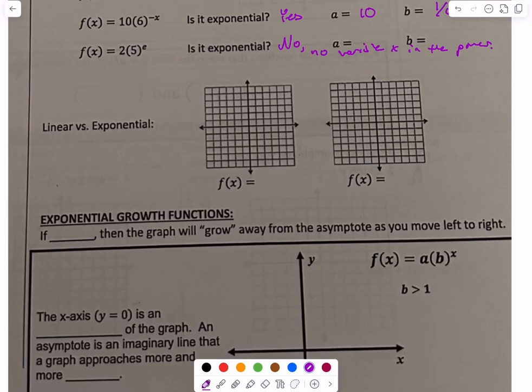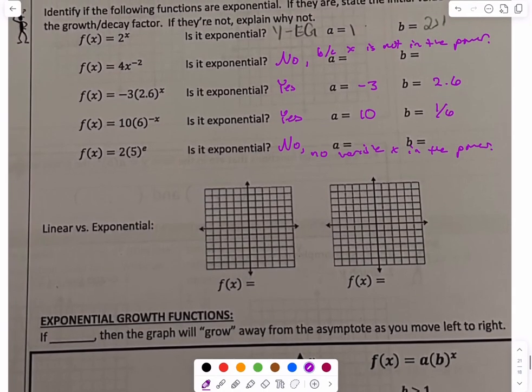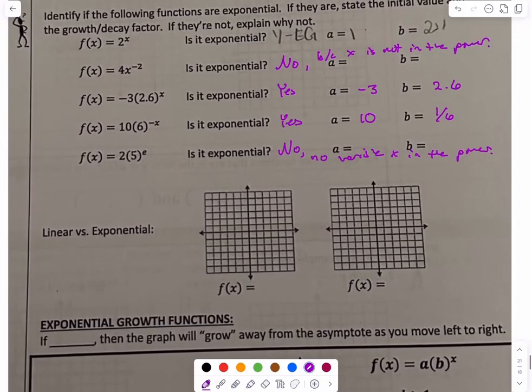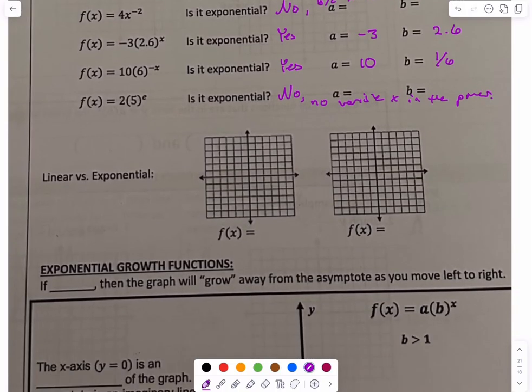Do they just want examples? So a linear function like 2x. Then something like this.